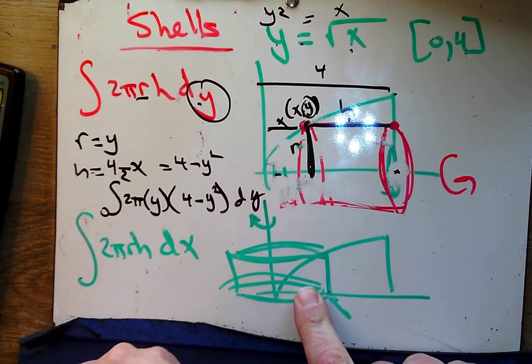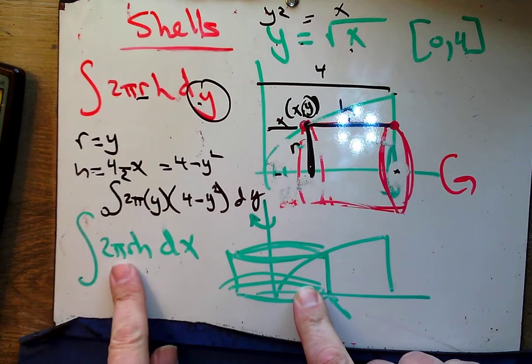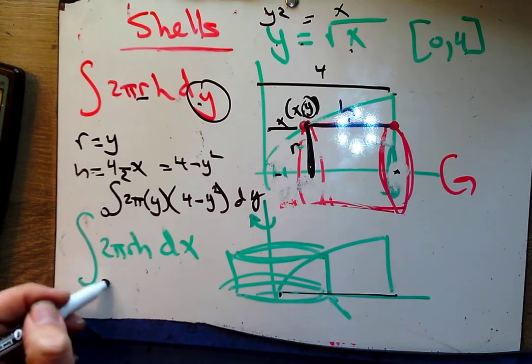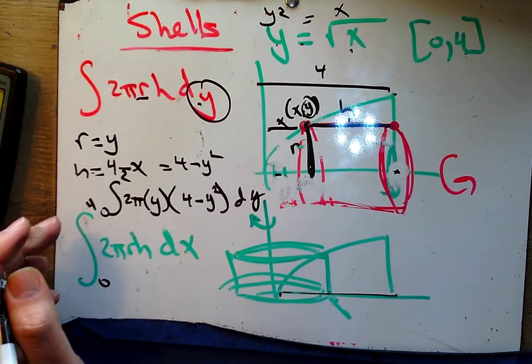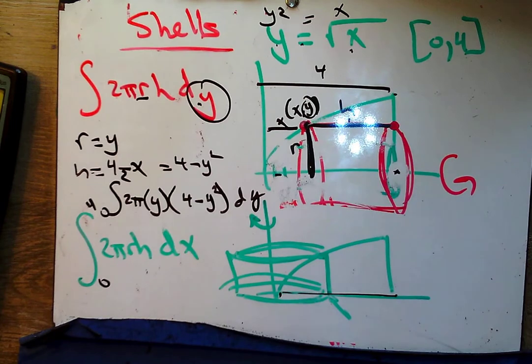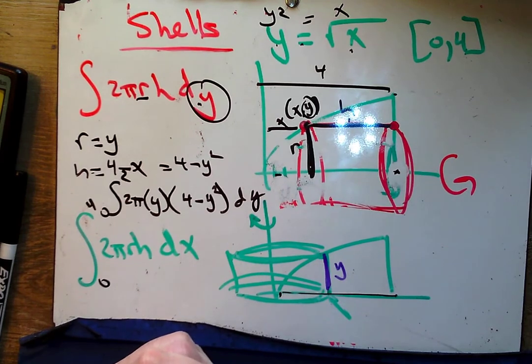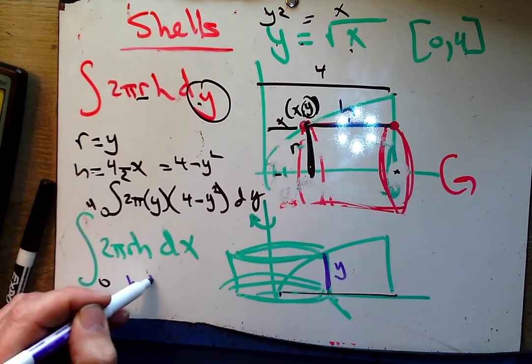Here, we have the same shape, we have the same area formula. The boundaries, though, we're integrating from 0 to 4. And my height is different now. This is the height. Height is my y value. H equals y.